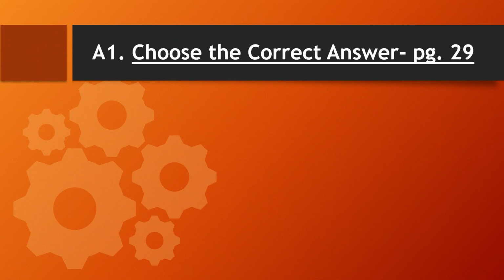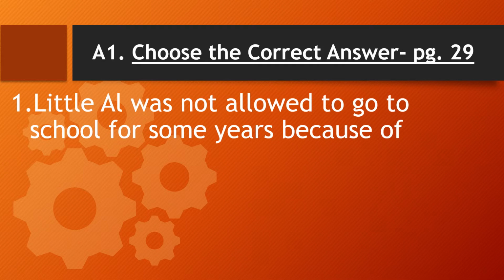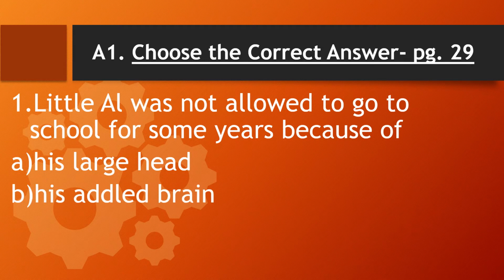Okay. So the first exercise on page 29 is exercise A1 and it says choose the correct answer. For this children, all you need is a pencil in your hand. You can do the exercise here itself in the book. The first question is, Little Al was not allowed to go to school for some years because of. The first option is his large head.